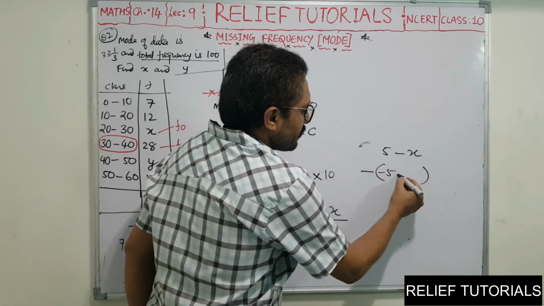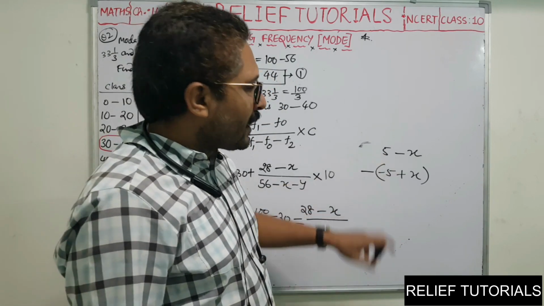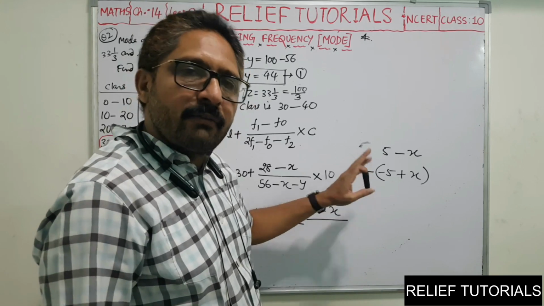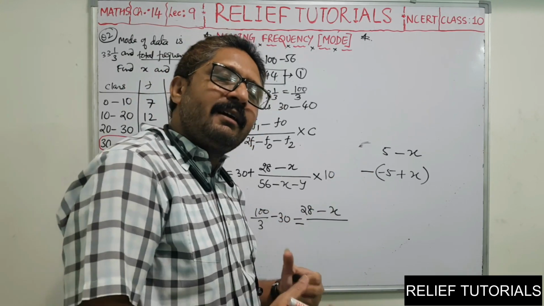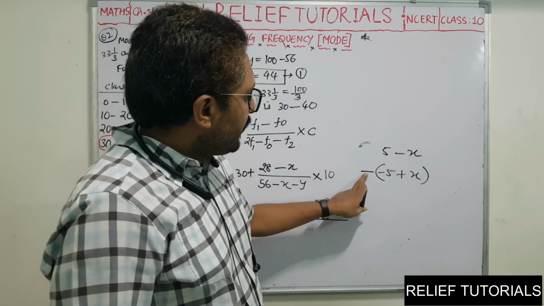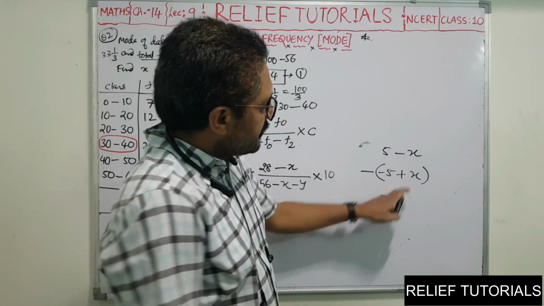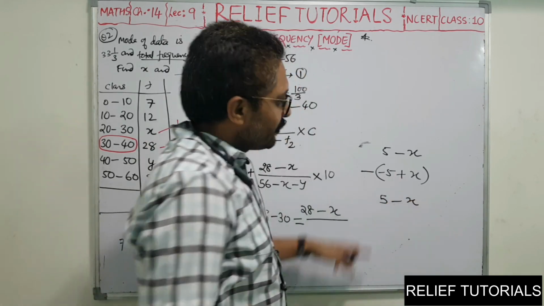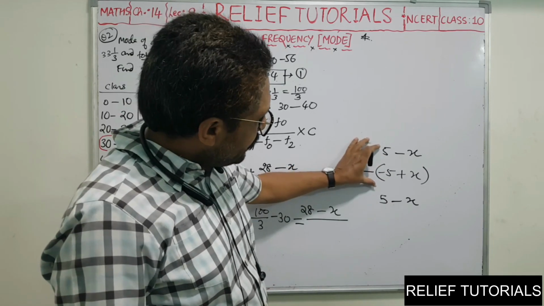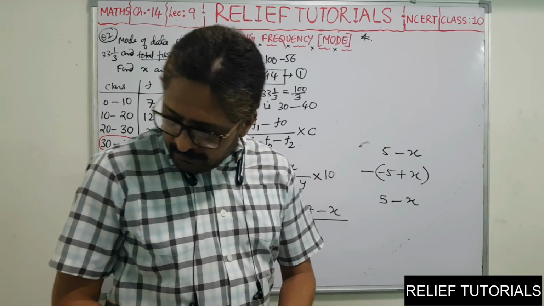Here it is minus x, so I will write plus x. Now just open the bracket, these two are the same. What I have done, I have taken minus common. So if I take minus common, the sign of each term will change. See here, minus into minus 5 is plus 5, minus into plus x is minus x. So you got the original expression. It means both these are the same. Now see here.